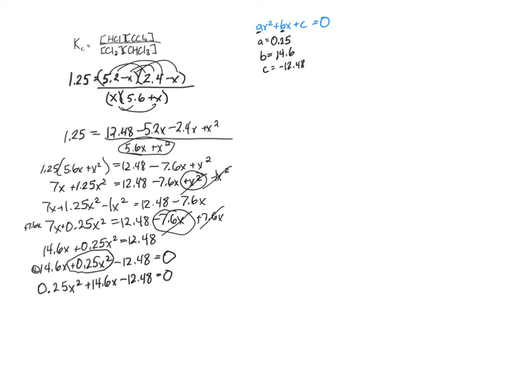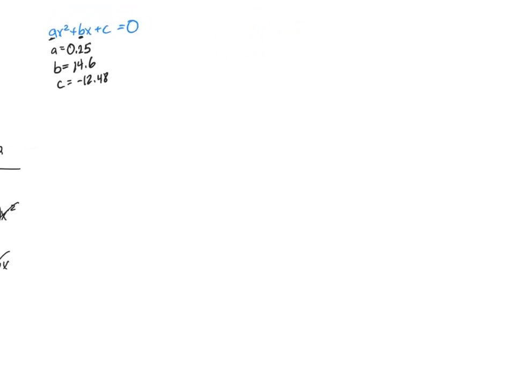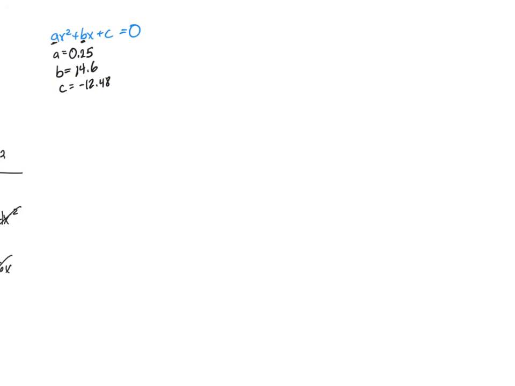We can come over and plug this into the quadratic formula. The quadratic formula is x is equal to negative b plus or minus the square root of b squared minus 4ac all over 2a.